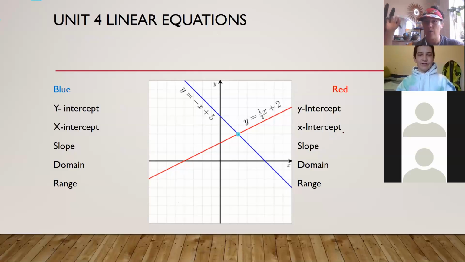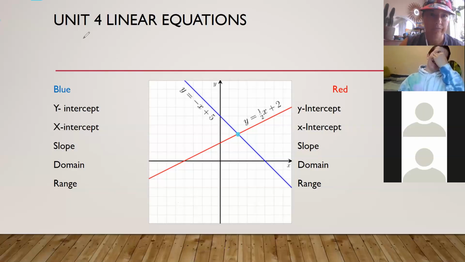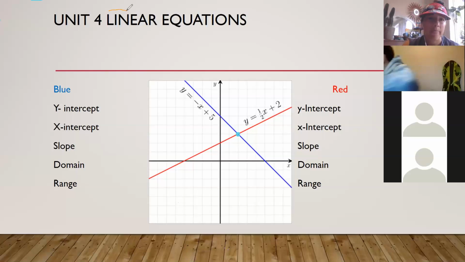Okay, linear equations, linear functions. What's linear mean in your own words? You can write it up there. Linear equations. There's a hint.